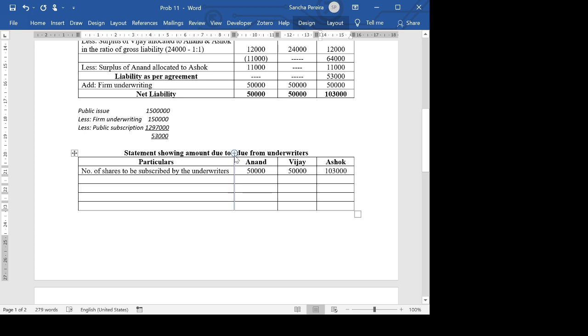I close this because this is in shares, and from here onwards we go on in rupees. Next, amount payable on application at the rate of rupees. We'll have to see now how much.